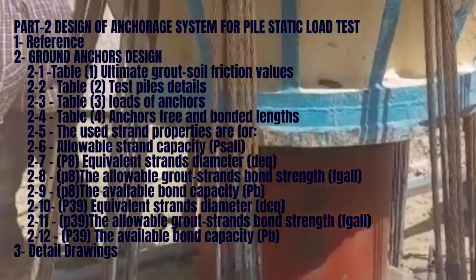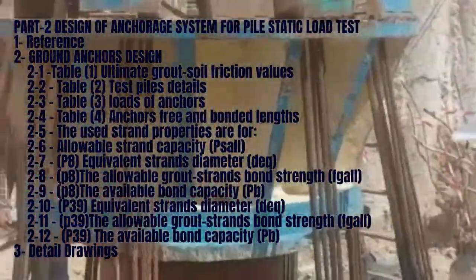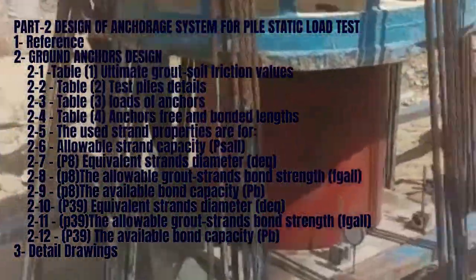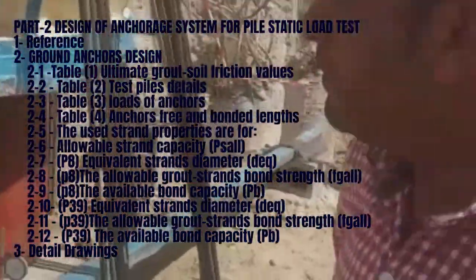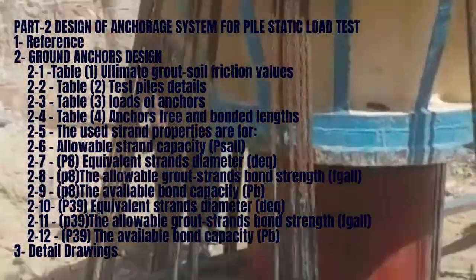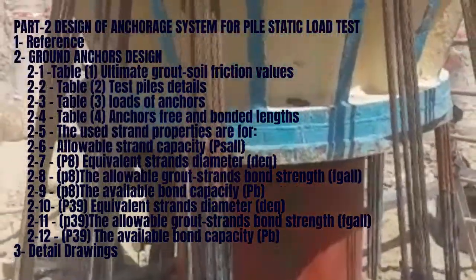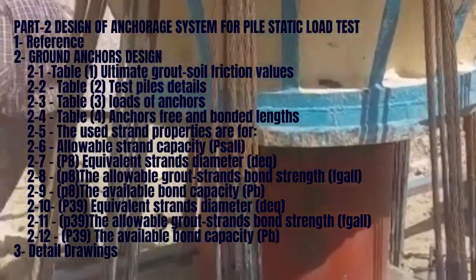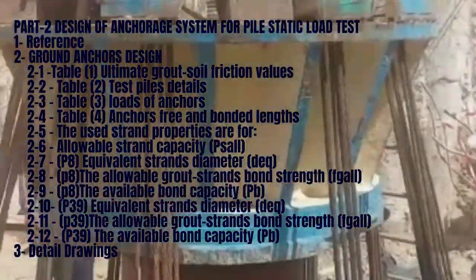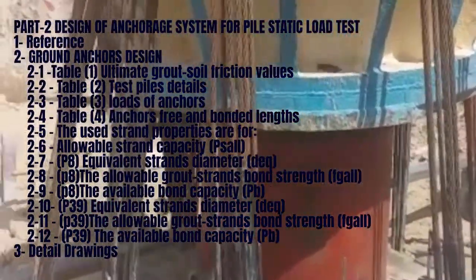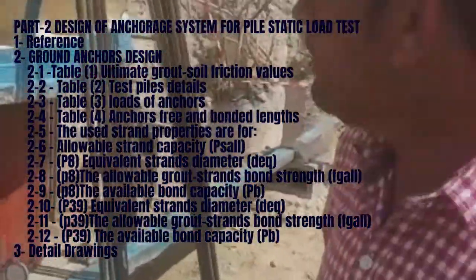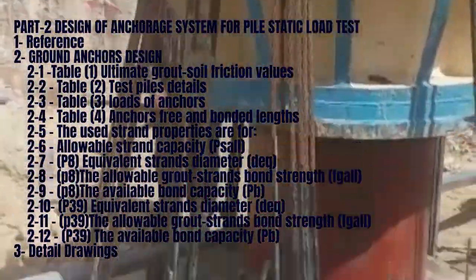The same is true for the equivalent strand diameter for the second pile, which will also be calculated, and the available bond capacity and allowable ground standard bond strengths will be checked as well. The detailed drawing will be presented as well.